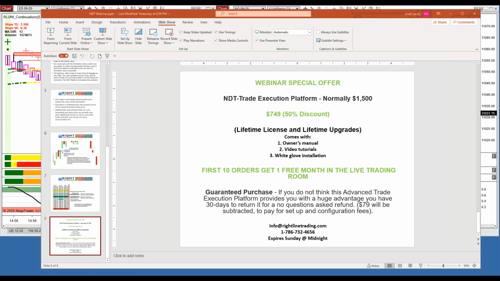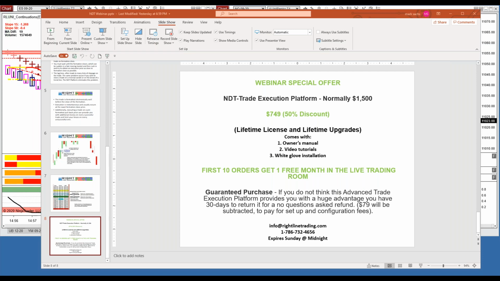If you have the NDT, you will get the upgrade. And boy, the market in a live market is really heading down. We do that, Bill. We do ignore the wicks.